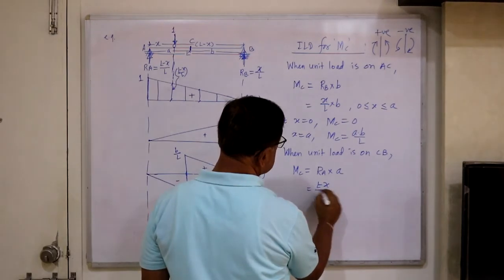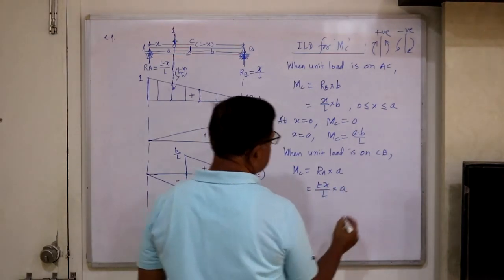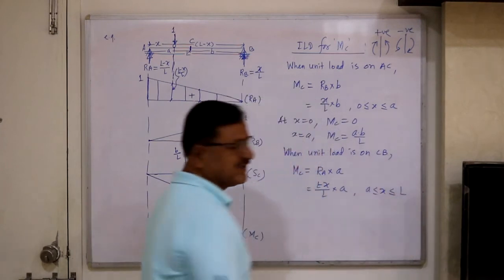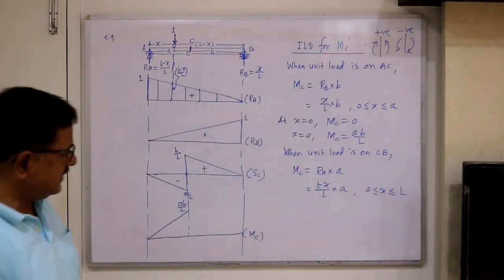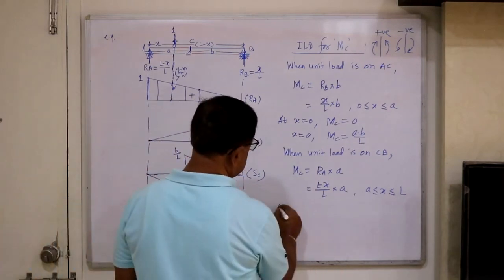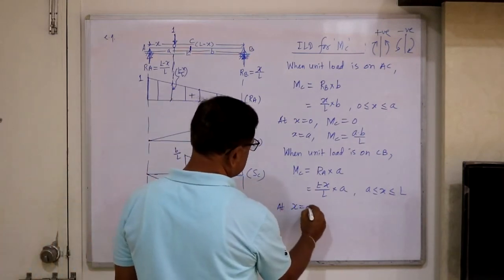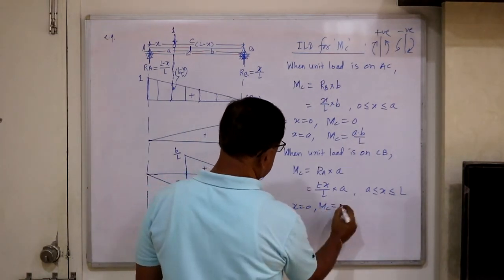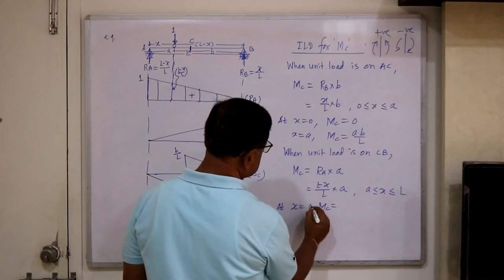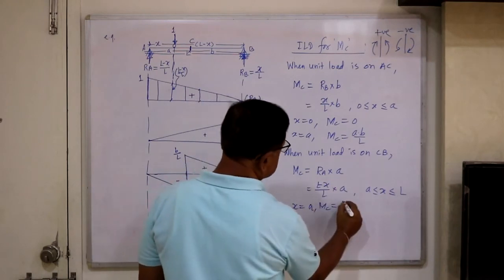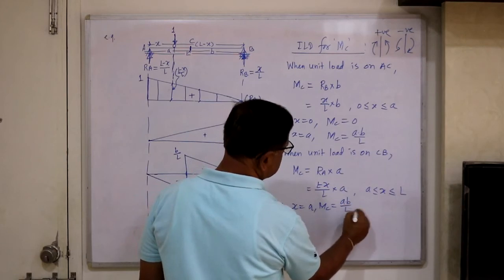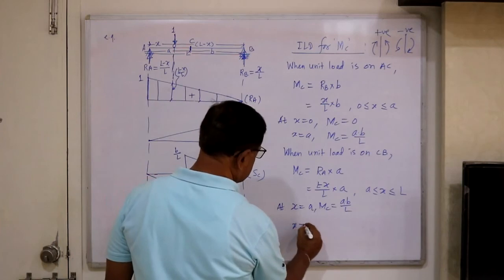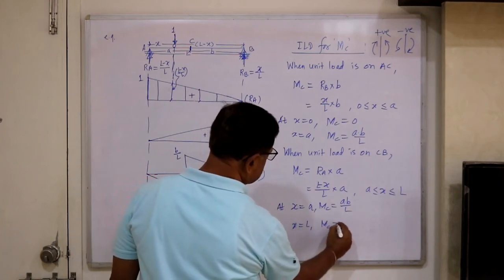(L minus x) upon L, into A. Its applicability is A less than or equal to x less than or equal to L. Minimum value of x we can put A, maximum L. So at x equal to A we substitute, and L minus A is nothing but B. So this is again AB by L. So the starting is the same. And at x equal to L, bending moment is 0.